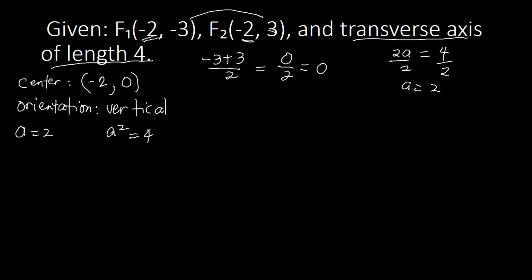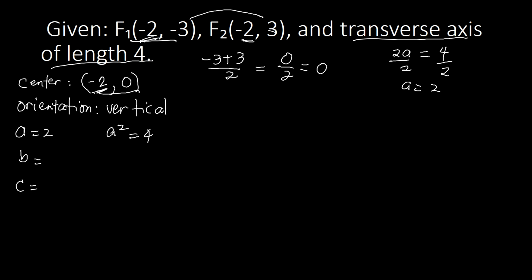Now for b, we cannot look for b directly, so we can simply look for c because we have the given information on the focus and the center. So we are now going to get the distance from the center to a focus or vice versa. If you look at this, we have the same value on x. So again, we are going to use those that are different in value.